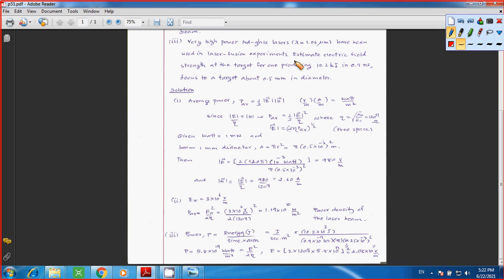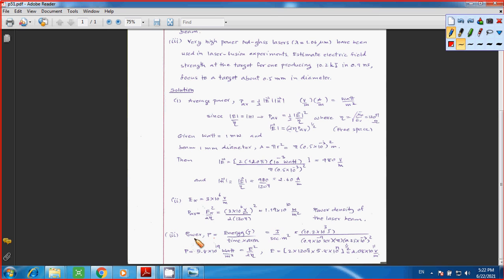As have been used in laser fusion experiments, estimate the electric field strength at the target for one producing 10.2 kJ in 0.9 nanosecond, focused to a target about 0.5 millimeter in diameter.